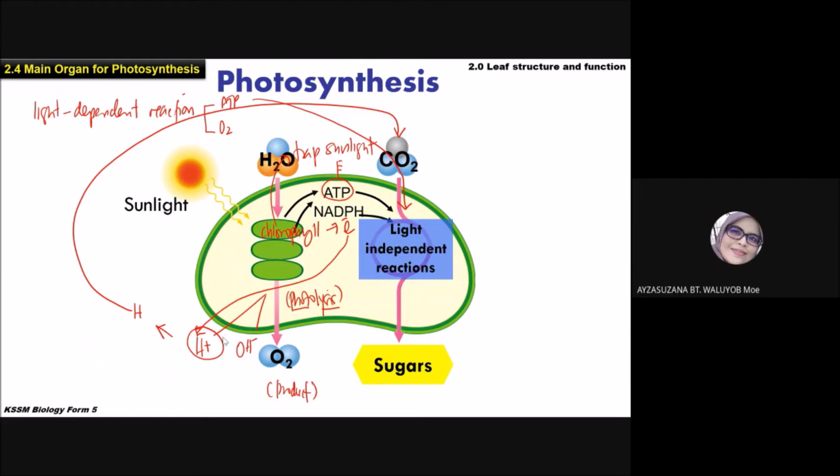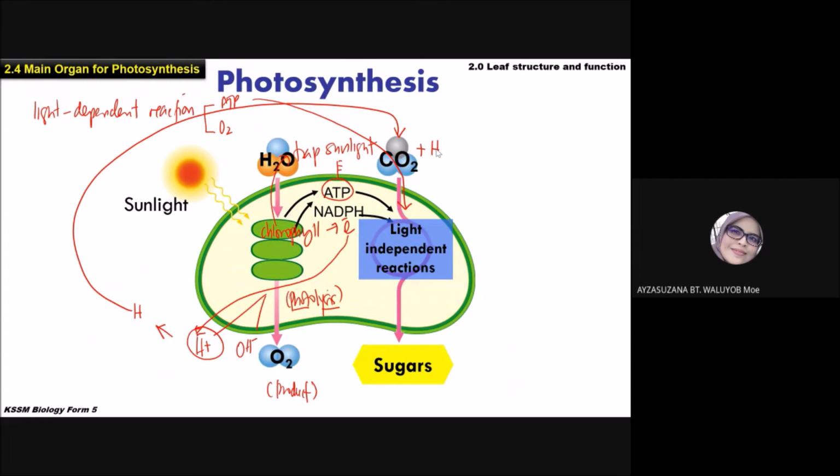Okay, in the light independent reaction, okay, this carbon dioxide from the atmosphere, okay, diffuse into the leaf, combine with the hydrogen. Hydrogen ni, atom hydrogen tadi. So, this carbon dioxide will combine with the hydrogen atom that release from the light dependent reaction.